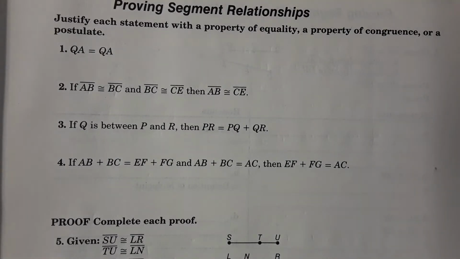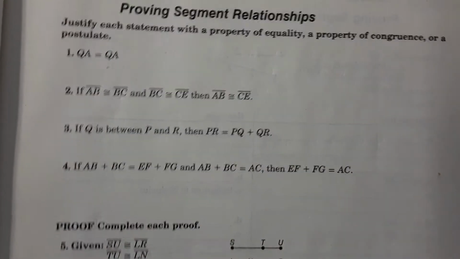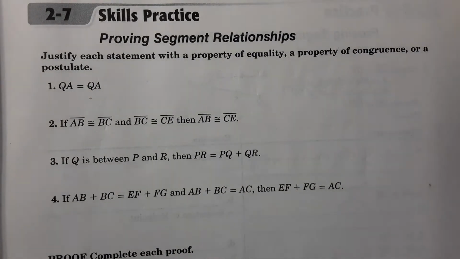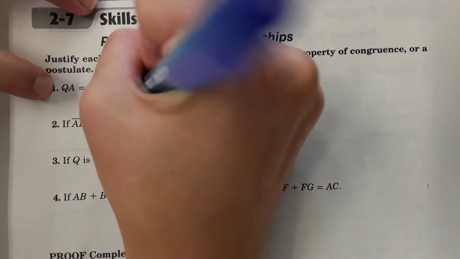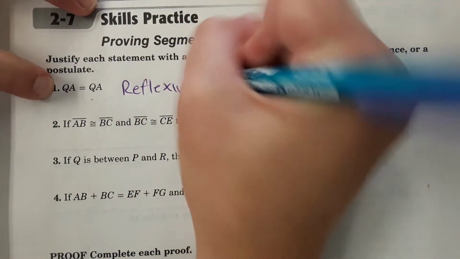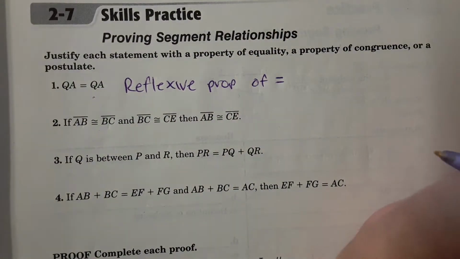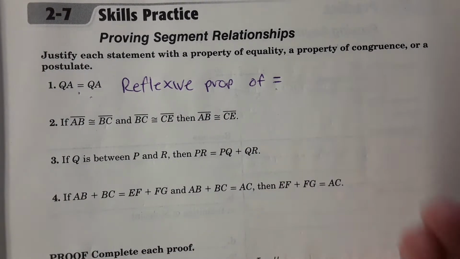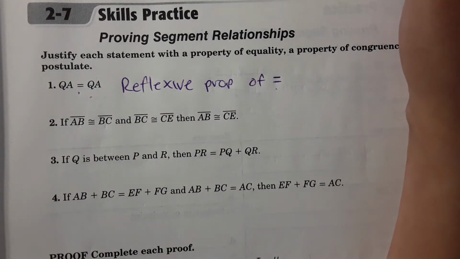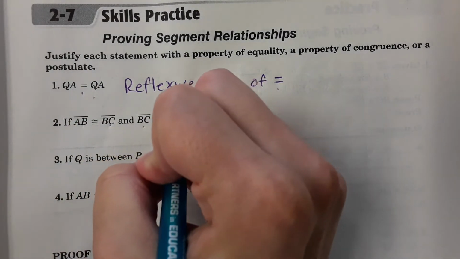Okay, so we're going to write down a postulate or a theorem for each situation. So, QA equals QA is the reflexive property of equality. Because it has an equal sign and not a congruence sign, that's why we put of equality. The next one says AB is congruent to BC and BC is congruent to CE.